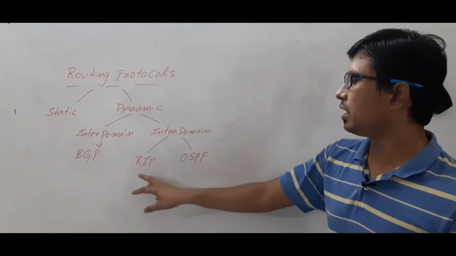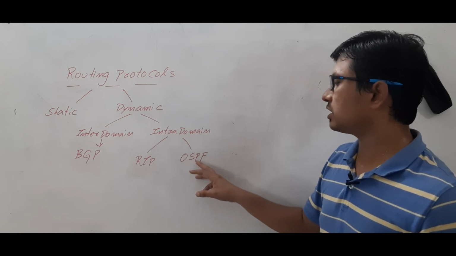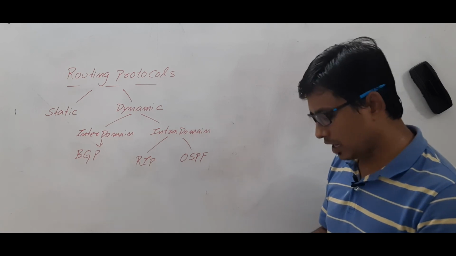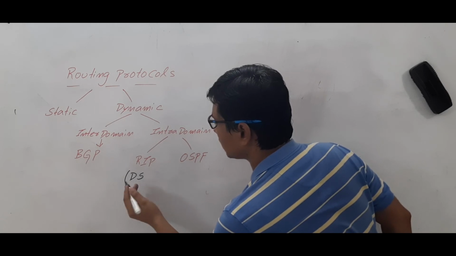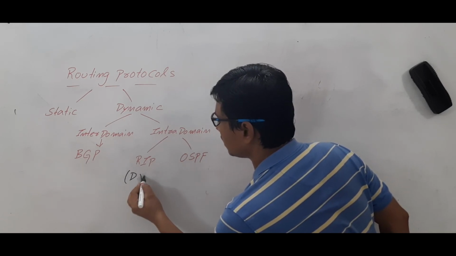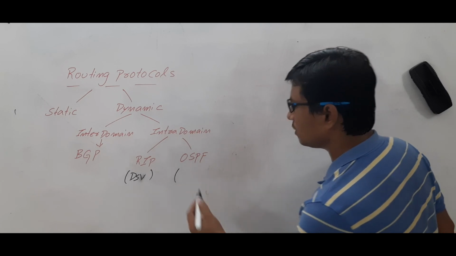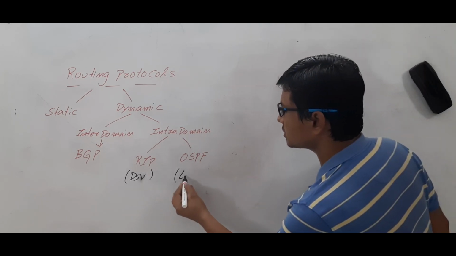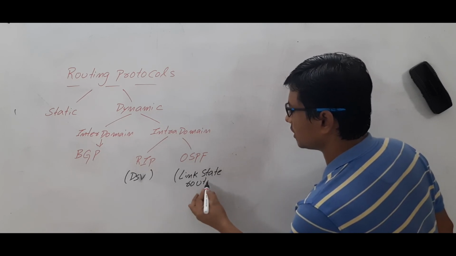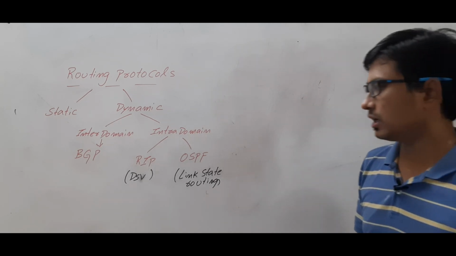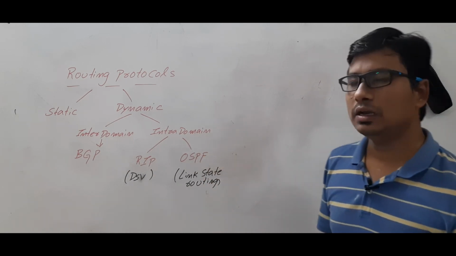For intra-domain, we have the Routing Information Protocol, RIP, and the Open Shortest Path First routing protocol, OSPF. RIP uses the distance vector algorithm, and OSPF uses the link state algorithm.